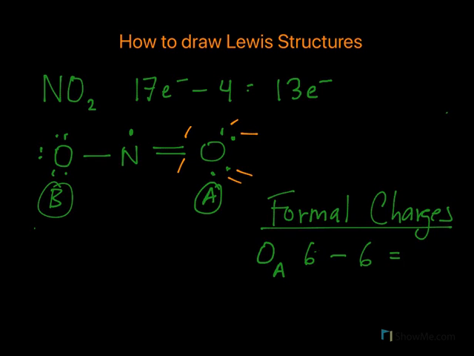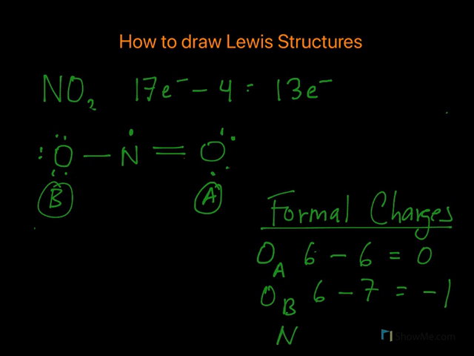So 6 minus 6 is equal to 0. Taking a look at oxygen B with its 6 valence electrons, it has 1, 2, 3, 4, 5, 6, 7. So it is 6 minus 7, a negative 1 formal charge.